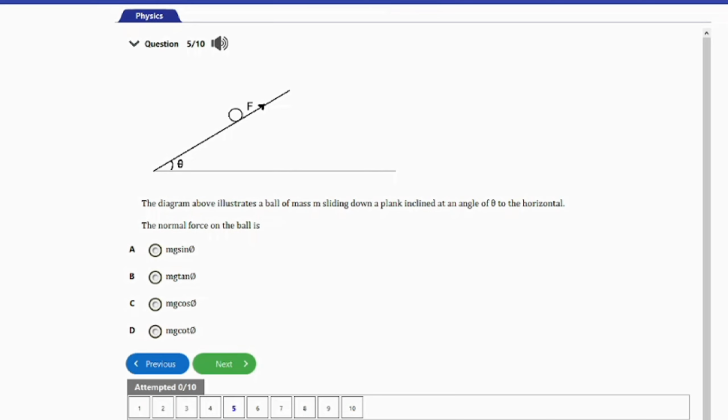The normal force on the ball is A, mg sin theta; B, mg tan theta; C, mg cos theta; and D, mg cot theta. So the answer to this question is option C, mg cos theta, and that's it for this question. So let's go ahead and consider the next question.